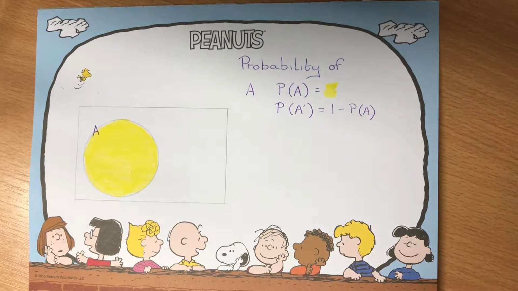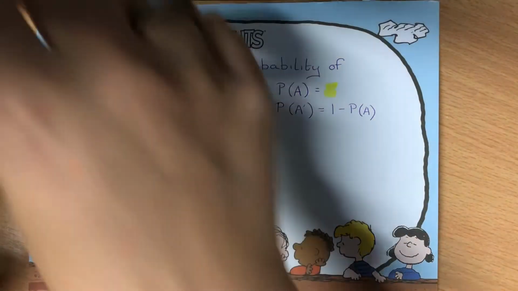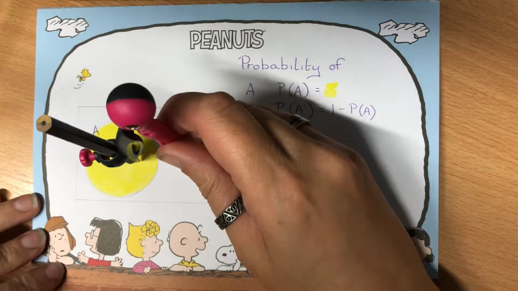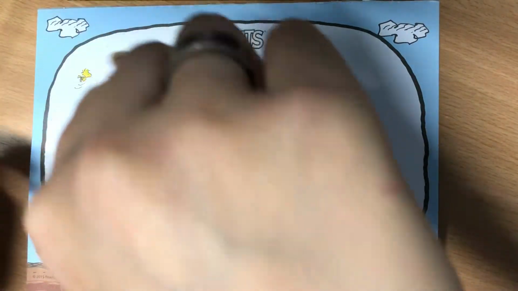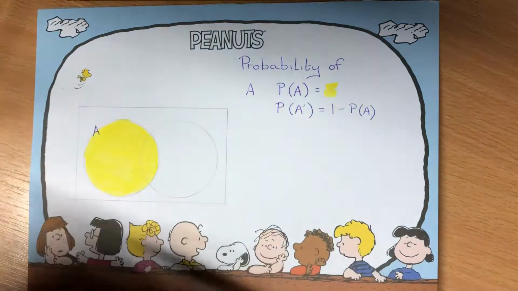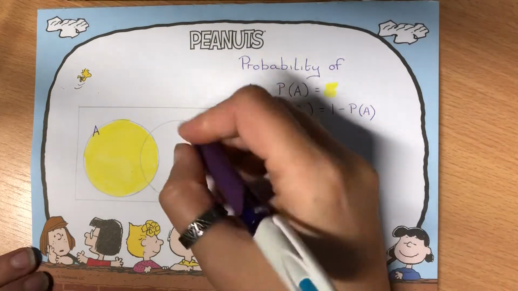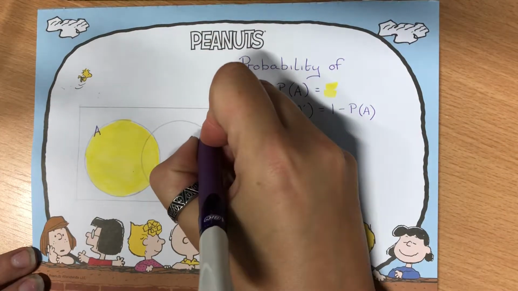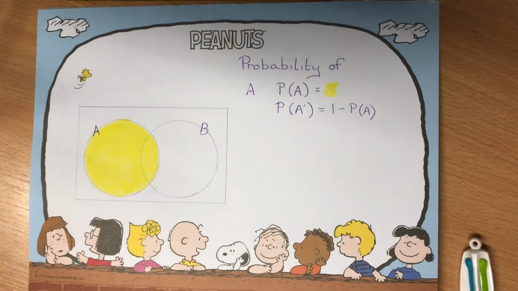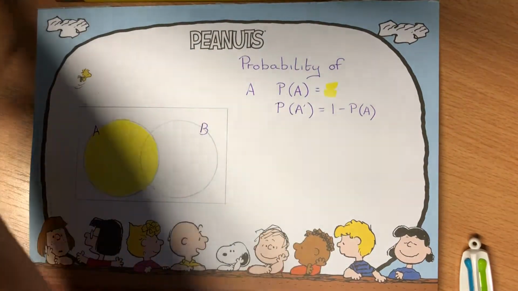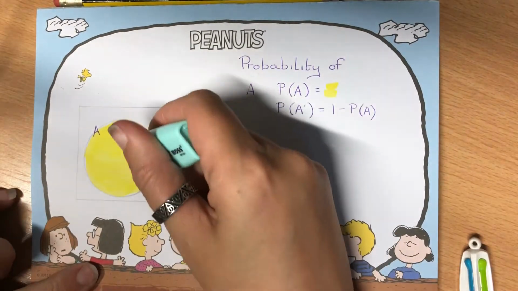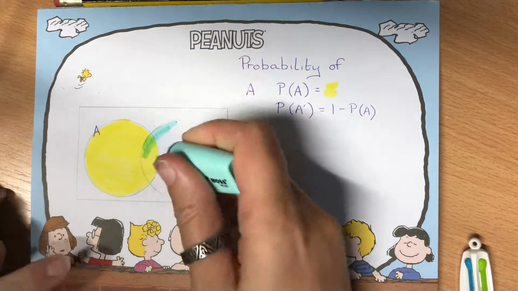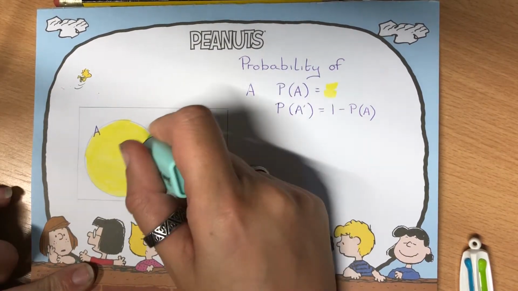If we put in a second circle, for B, if we colour that one in a different colour and we make that one blue, then there's a couple of bits that we can deal with this.